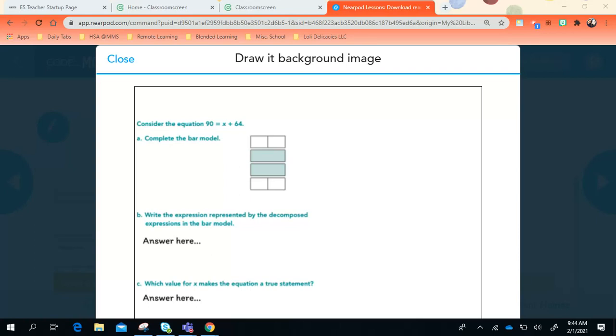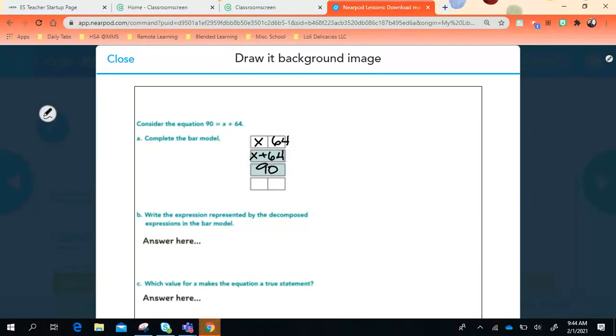Okay, so I'm seeing this on a lot of papers and it's looking good. So remember that top box, you're putting x and then 64. Even though the equation is written backwards, it's still the same thing. That second box has x plus 64, and then I know I'm equaling 90.